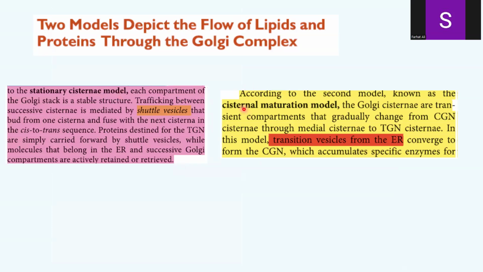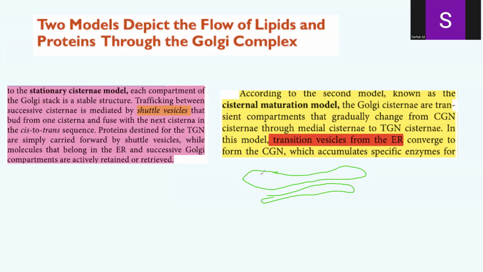The other model is the cisternal maturation model. This model states that the cisternae are dynamic, so they are under continuous remodeling. Let's say these are the cisternae of the Golgi.